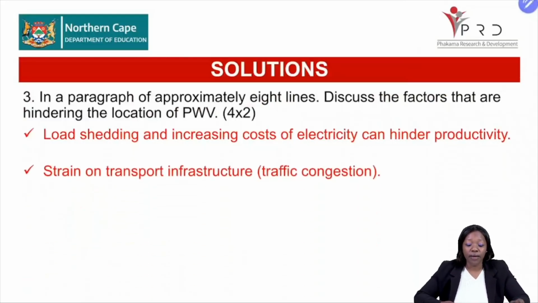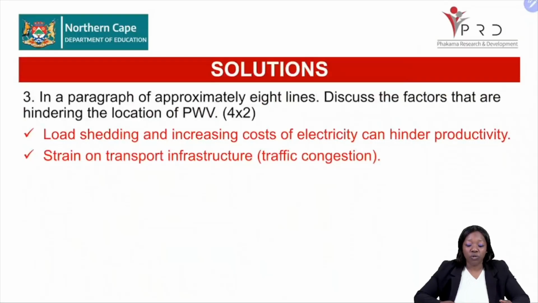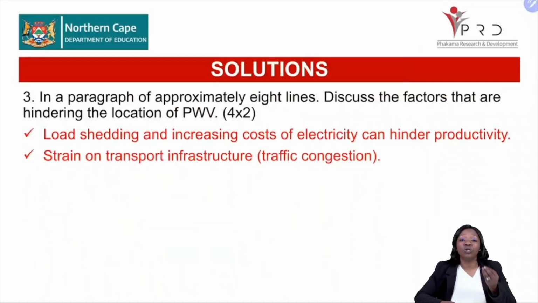Then the strain on transport infrastructure. Infrastructure becomes damaged because of too many trucks that are transporting, and too many cars being used on the road, which also leads to traffic. As it leads to traffic, it also delays production, because you will find that those trucks or cars will be stuck in traffic for a long time in order to reach their destination.